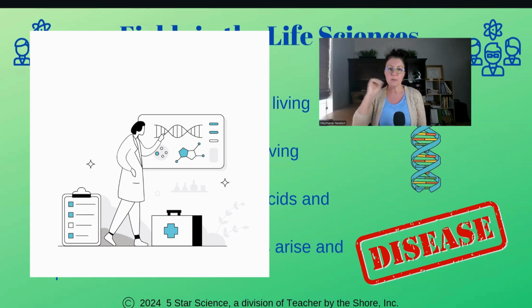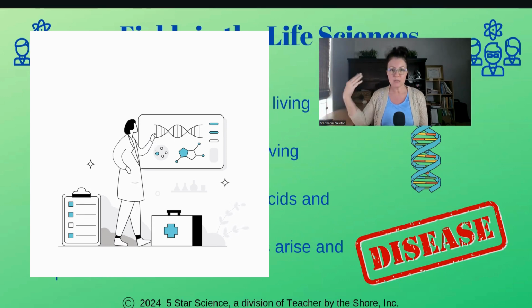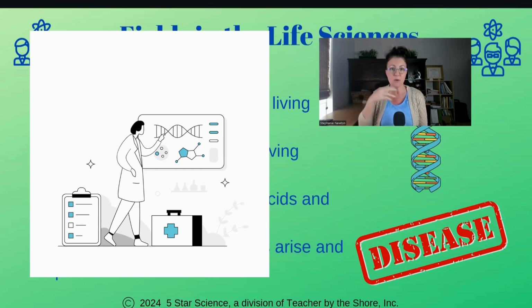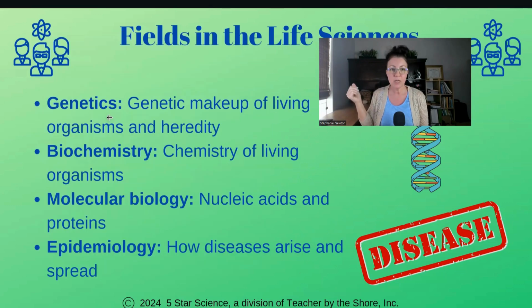So if somebody knows that there's a genetic disorder that has popped up here and there in their lineage, they may go see a geneticist to find out what is their percent chance that their offspring is going to have that genetic disorder. I find it a very fascinating field, actually.